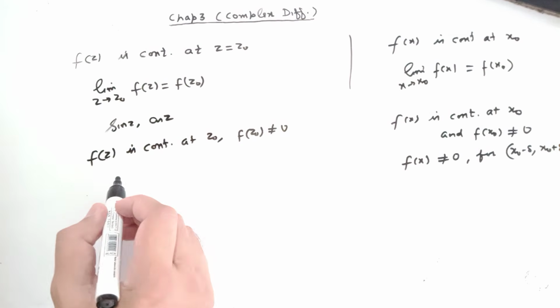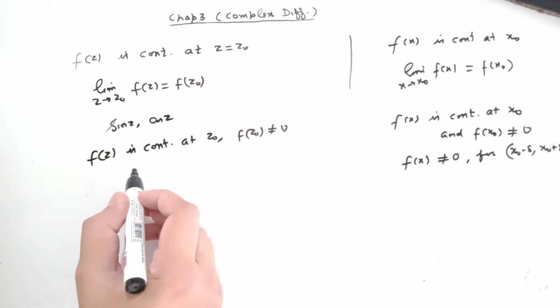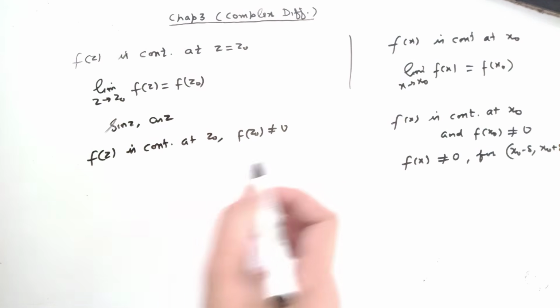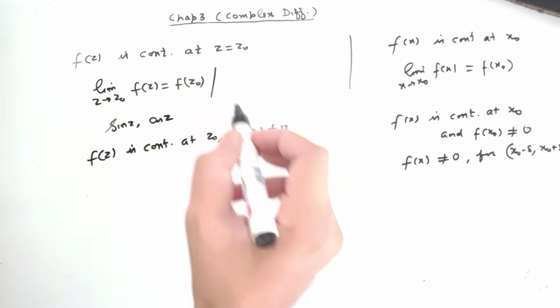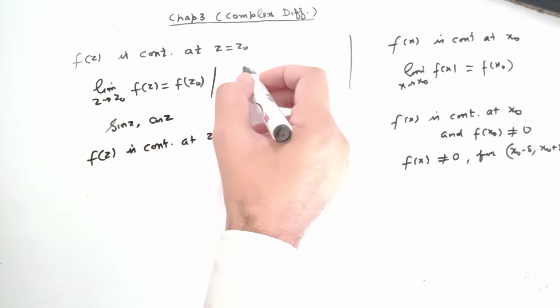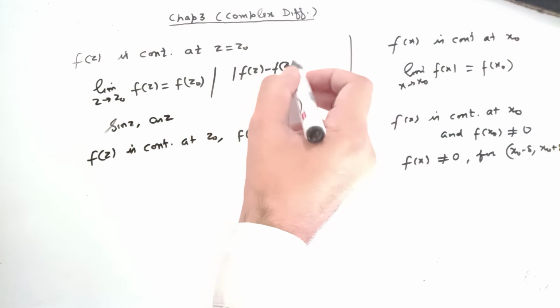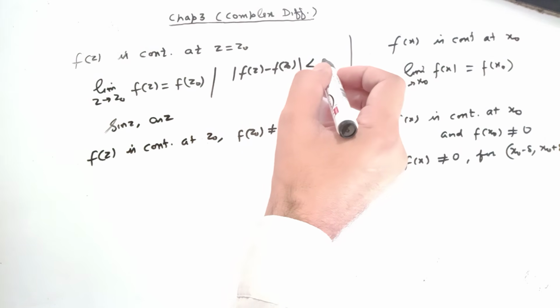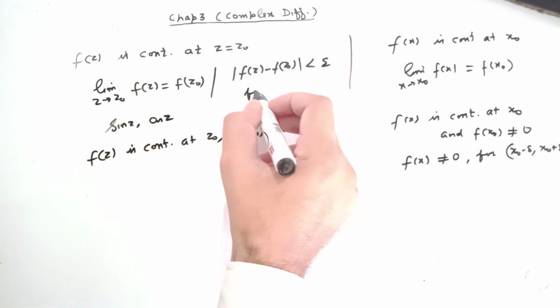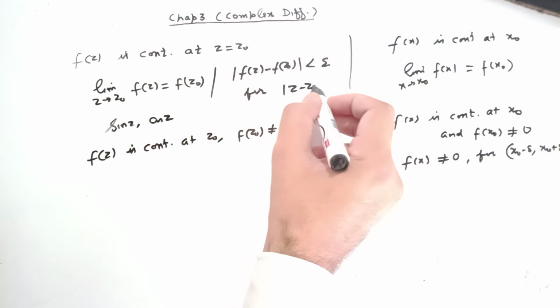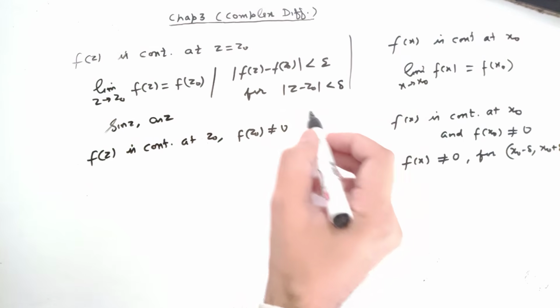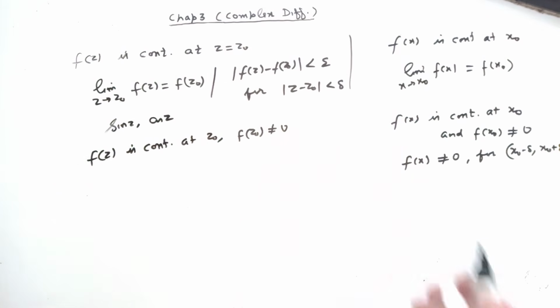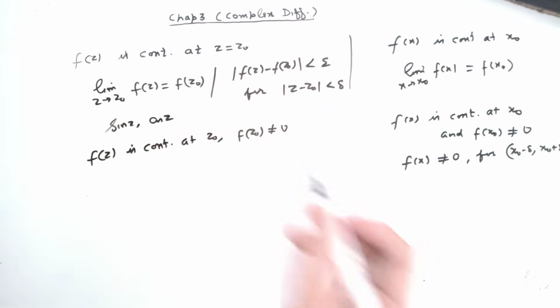We can prove this easily using that epsilon delta definition. You can write this definition as epsilon delta definition also. How? Given epsilon positive, there exists delta positive such that mod f(z) minus f(z0) is less than epsilon for mod z minus z0 less than delta. Here we don't have deleted neighborhood in case of continuity, because function is well defined at z0.